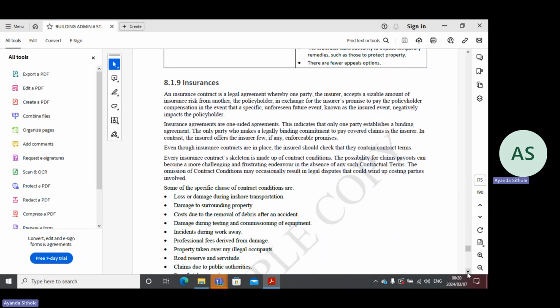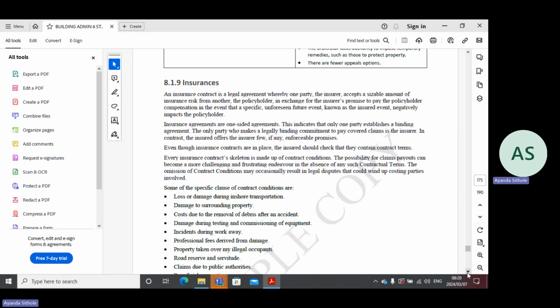Then we look at insurances. An insurance contract is a legal agreement whereby one party, the insurer, accepts a feasible amount of insurance risk from another, the policyholder, in exchange for a premium.